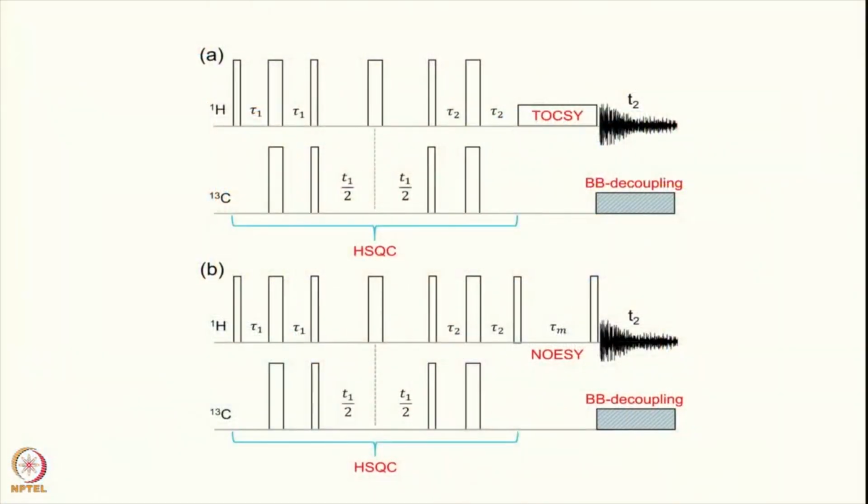Okay. So having done that, we also discussed earlier that we can make use of this strategy and combine it with other 2D experiments like the TOCSY and the NOESY. The HSQC spectra gave you only the amide proton chemical shifts.